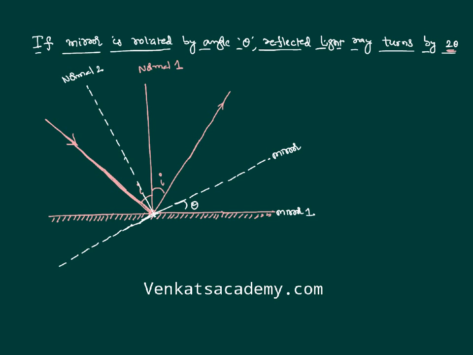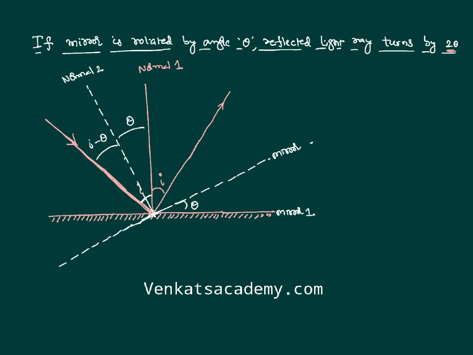As the mirror is turned by an angle theta, the normal is also turned by the same angle theta. As I said, this entire angle is I earlier. Now the normal is shifted towards the left by an angle theta, so the angle between the incident light ray and the new normal automatically becomes I minus theta.